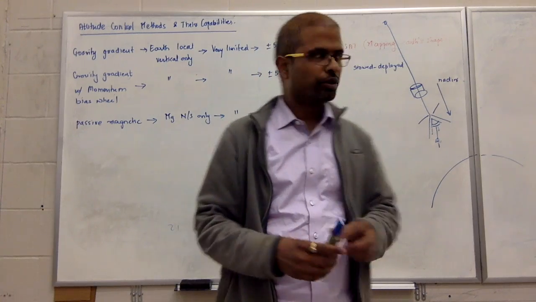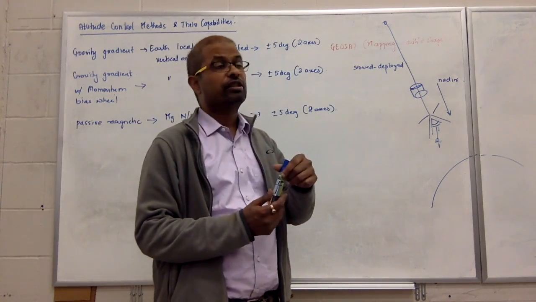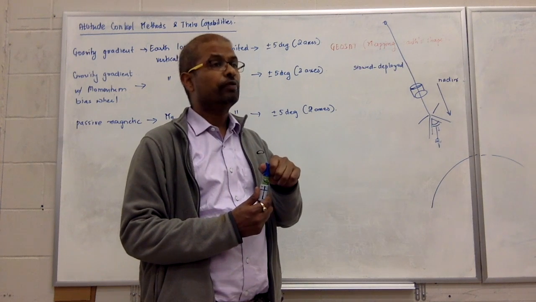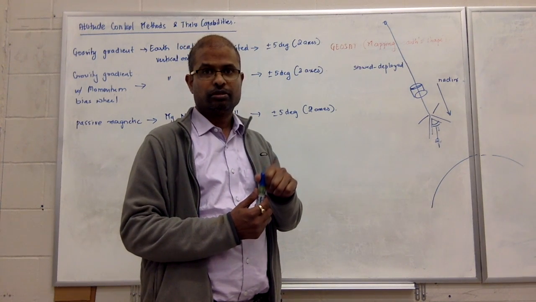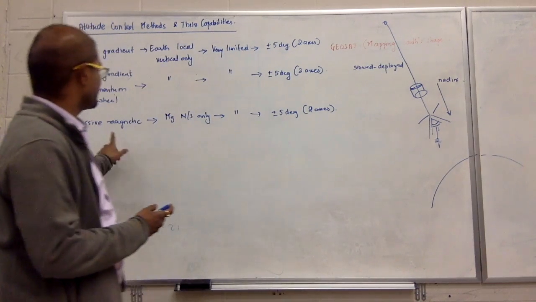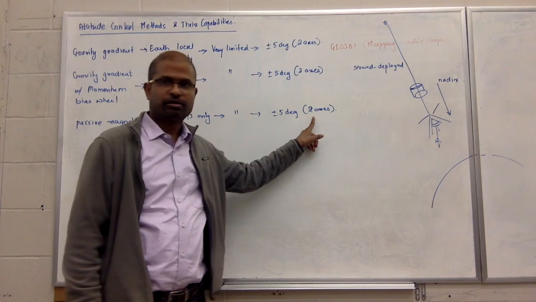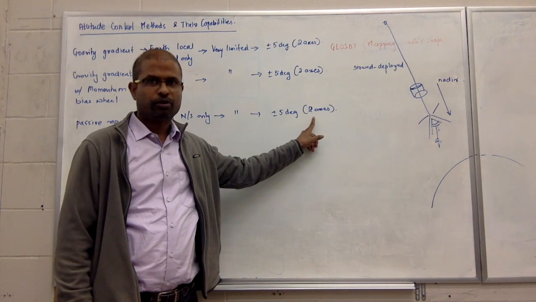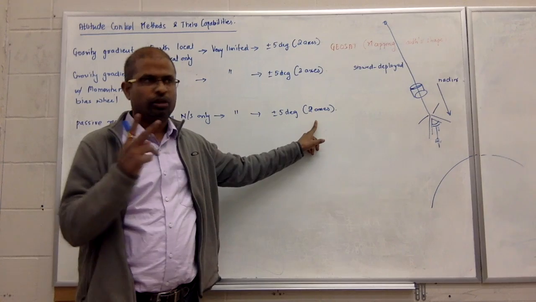Wheel. You again put a passive magnet and a wheel about this axis. So this is passive magnetic with momentum bias. No, this is just passive magnetic. If you put a passive magnet with momentum bias, you'll get 3 axes. If you have both, you'll get 3 axes. But just with the magnet, you'll get 2 axes. Alright.